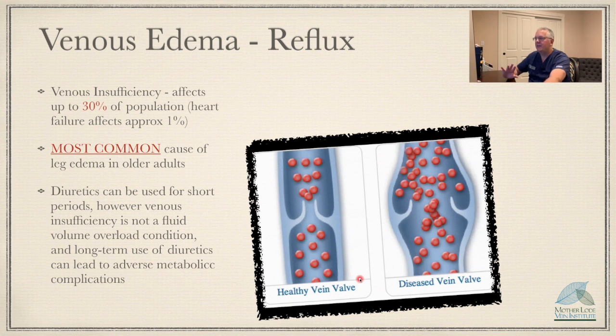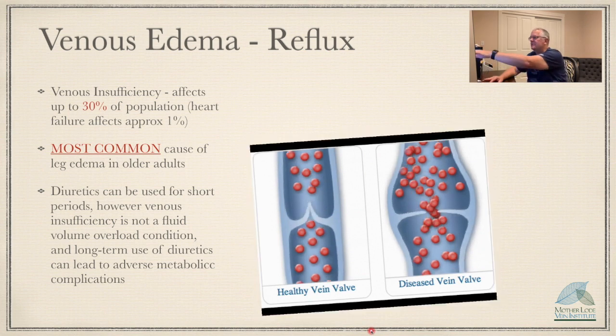You can take fluid pills or diuretics, but if venous reflux is the only cause for the swelling, venous reflux is not a fluid volume overload kind of a condition. So although it might help for a little while, long term it can cause some metabolic problems. So it's not recommended unless you have other reasons to be on the diuretics.